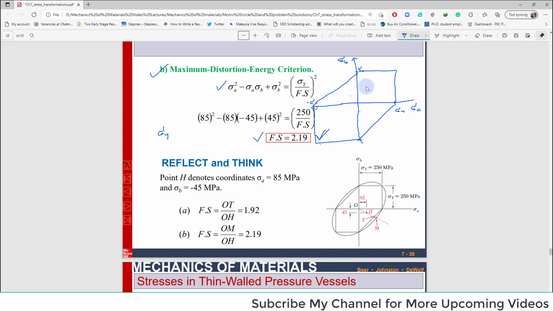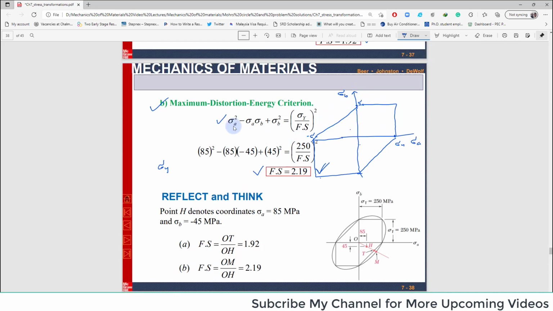Again, for the maximum distortion energy criteria, if you plot it, it will be like an ellipse. Clear? Now you have the values of sigma A and sigma B. Sigma A was 85 megapascal and sigma B is minus 45 megapascal.